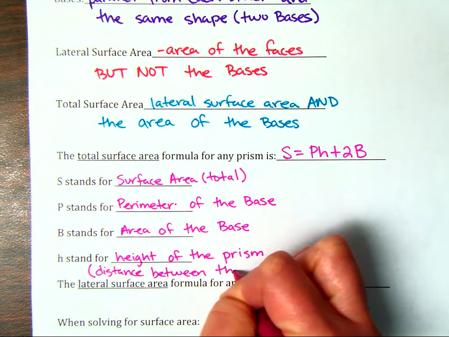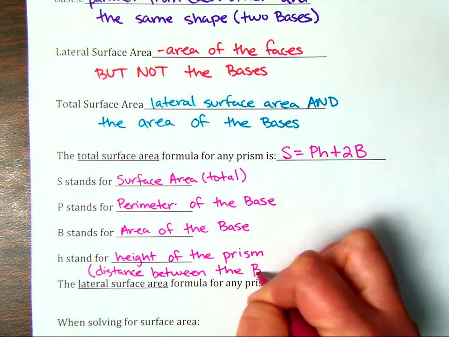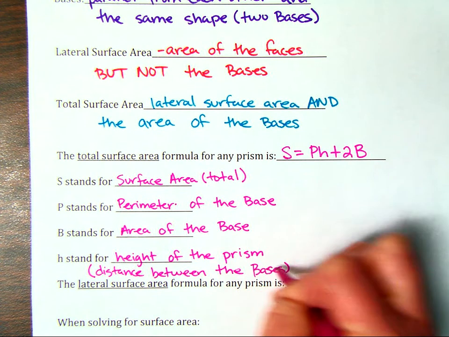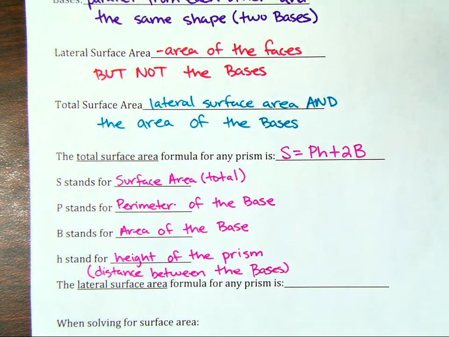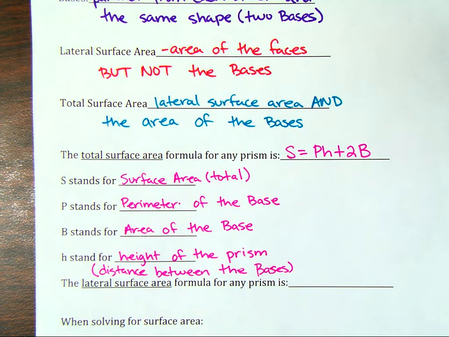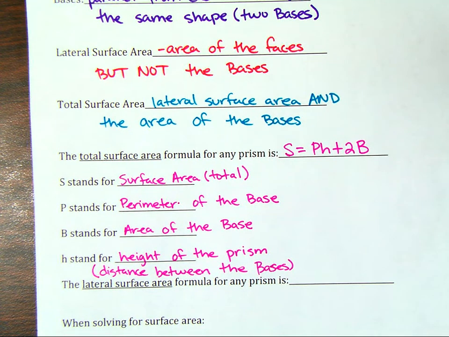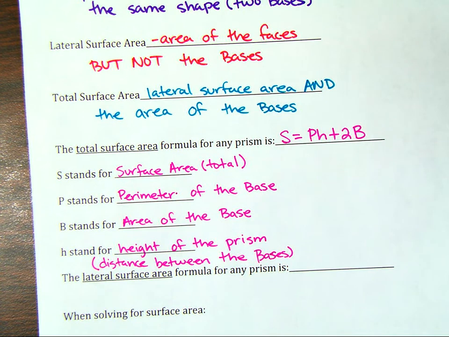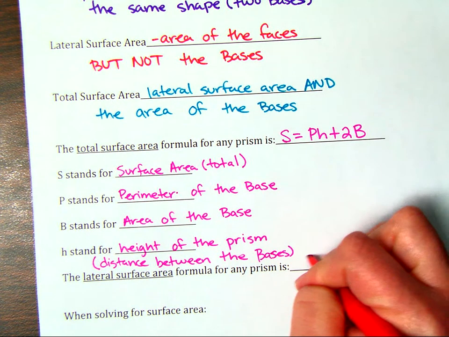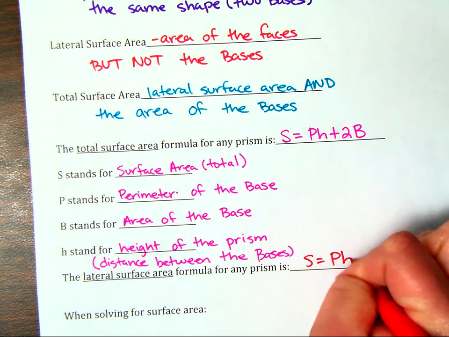between the bases. We're going to talk to you about why this perimeter element is here, because we haven't even talked about that yet since we haven't used a formula. If you want to find just the lateral surface area, then that's going to be this formula right here, S equals PH.